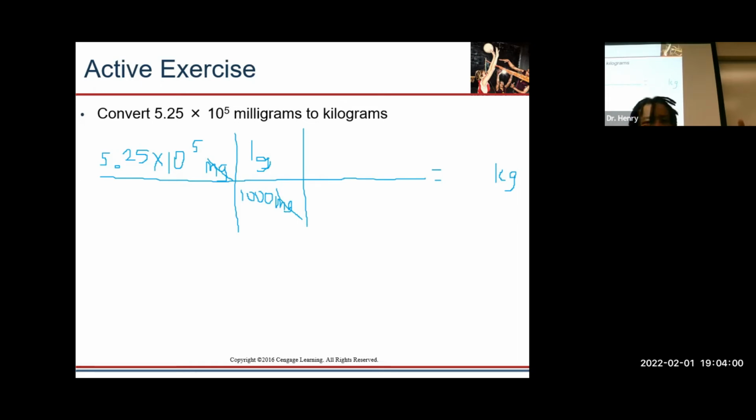How do I go from grams to kilograms? So you're saying 1 kilogram over 1,000 grams. So that equals 0.525 kilograms.